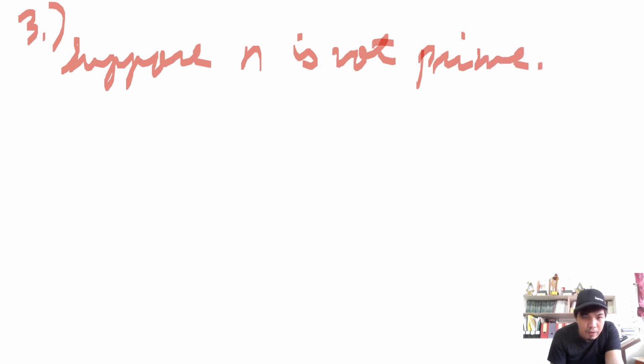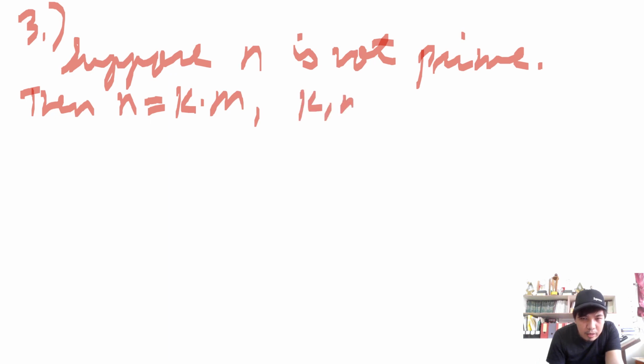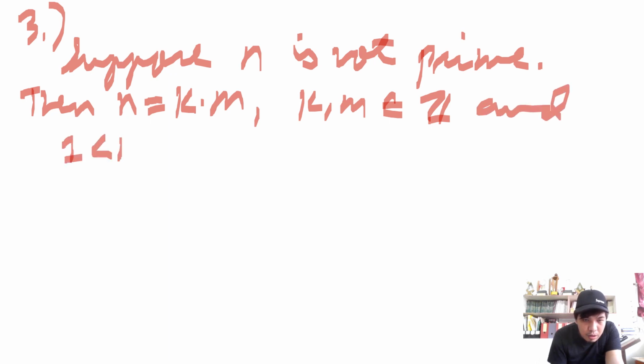Okay? So if n is not prime, then n can be written as a product of two integers k and m, such that these two integers are in between 1 and n.